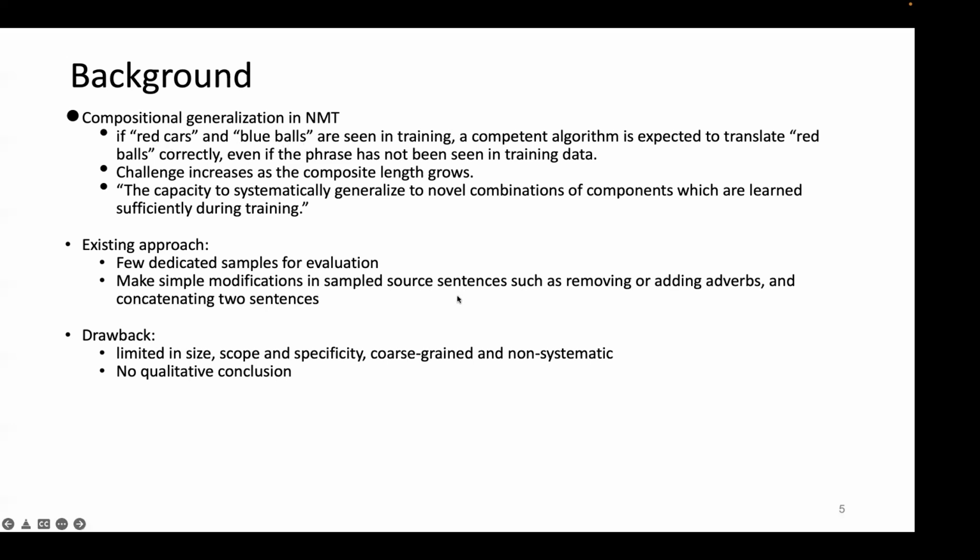Anyway, you want to combine, and the existing solution just does possible combinations, like with verbs, but that's not qualitative enough. I still don't get why concatenating two sentences can address compositional generalization. Yeah, I don't think that addresses it either, but they just mentioned it here. All right, so maybe we can move on. Yeah.